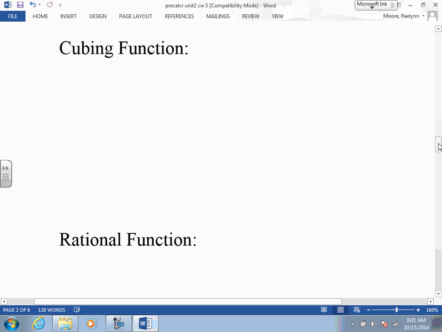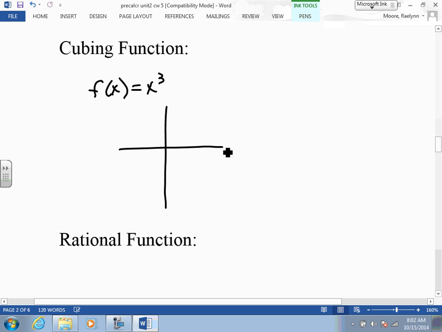And the cubing function. Your basic cubing function says x cubed. It goes like this. It comes from down here, switches a little like this, it comes up. When A is positive, it's down on the left, up on the right.